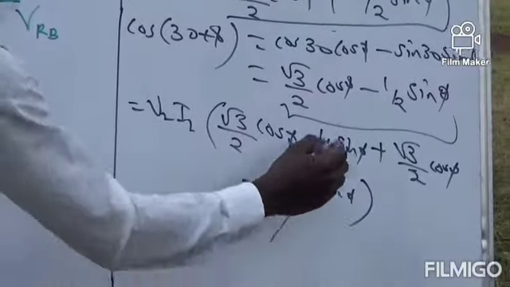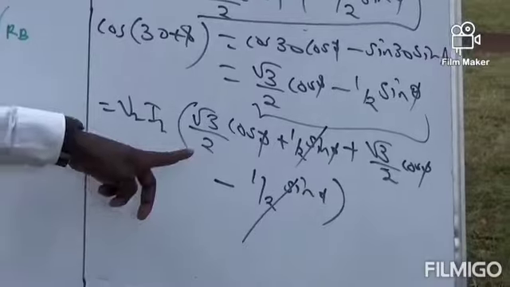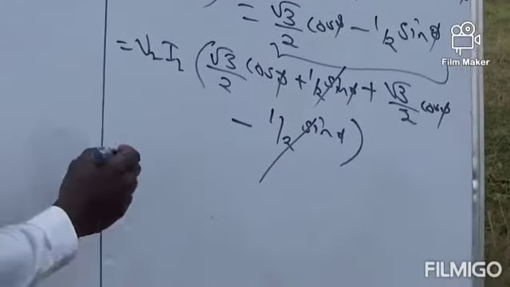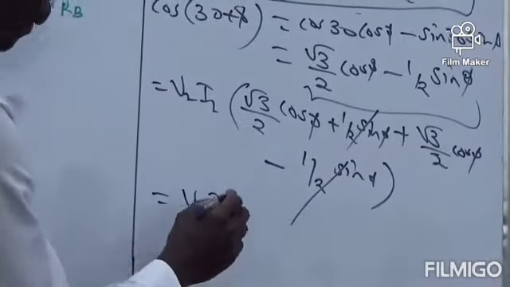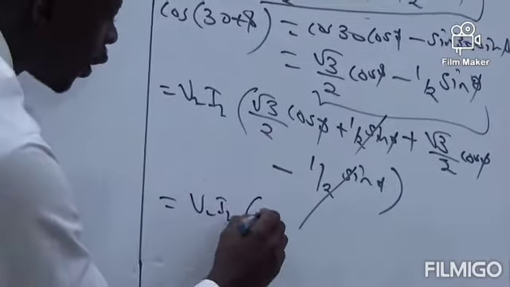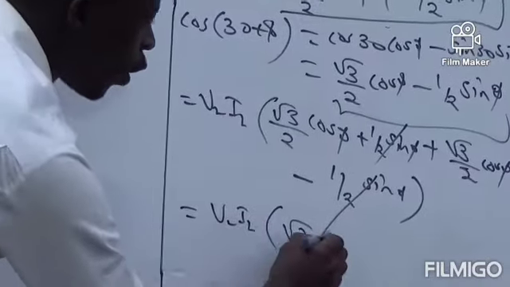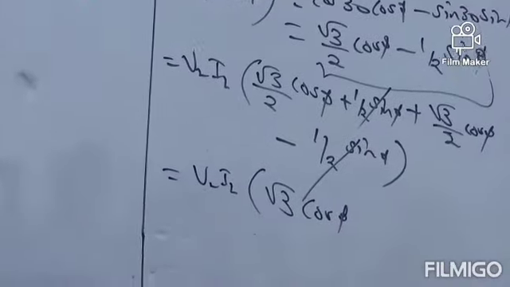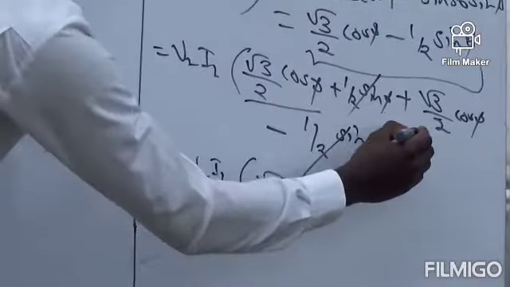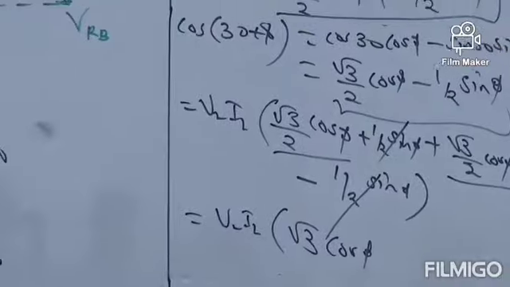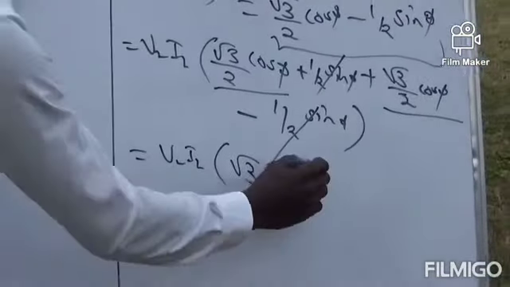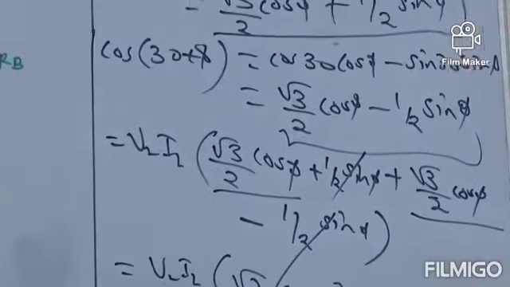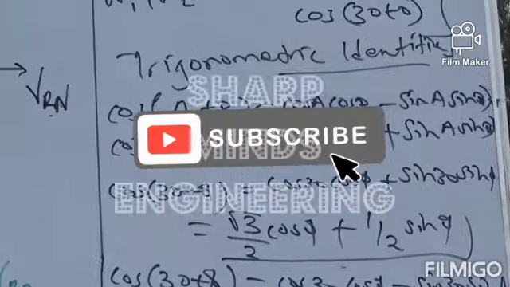If you look at this expression, this and this will cancel, then you remain with the two of this. So this one will give you VL IL into root 3 cos phi. That is, if you do this and this, if you add the two, you'll find that it is root 3 cos phi. So that is after getting the summation.